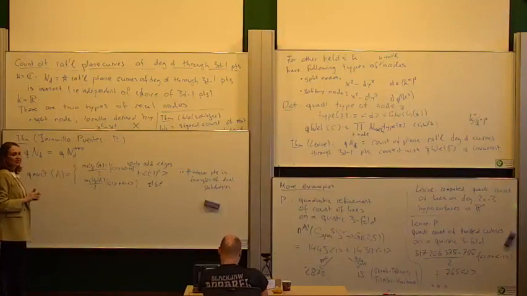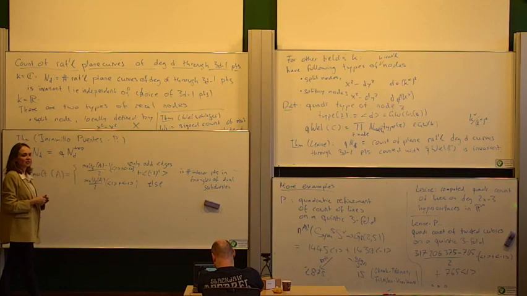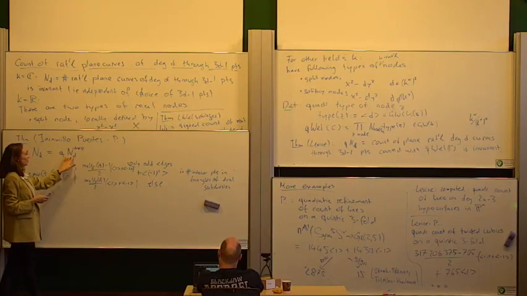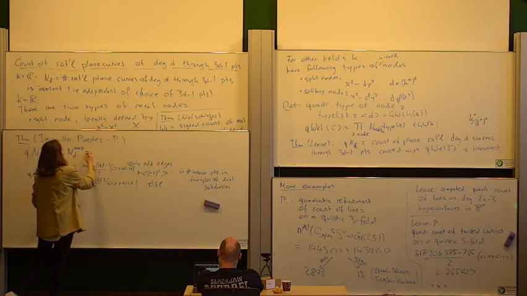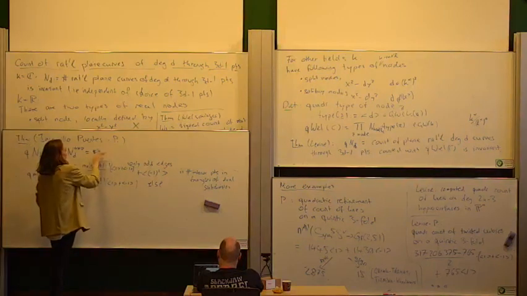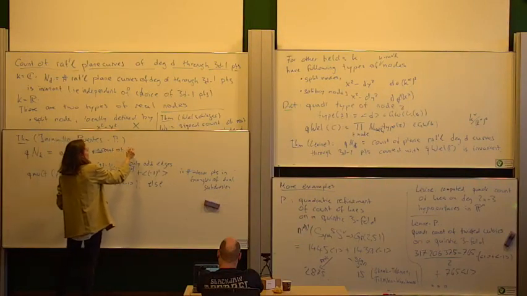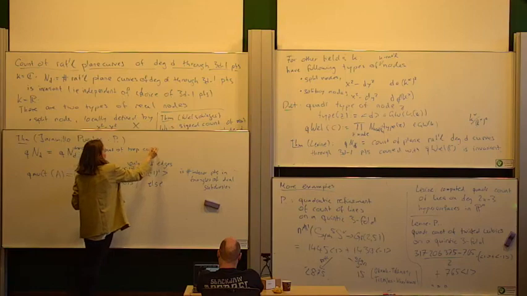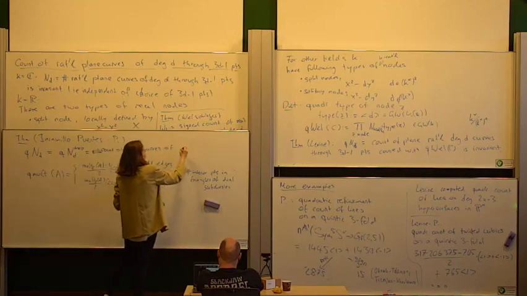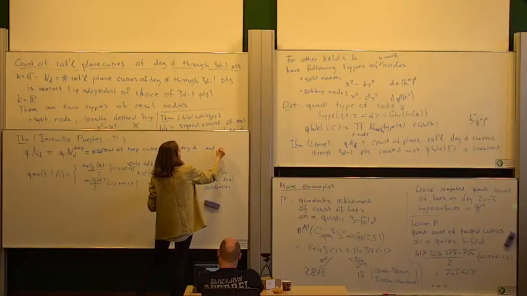We're on the right hand side. Sorry, what is this number? This number? This is the count of tropical curves. Let's say they are planes, of degree D and genus 0.